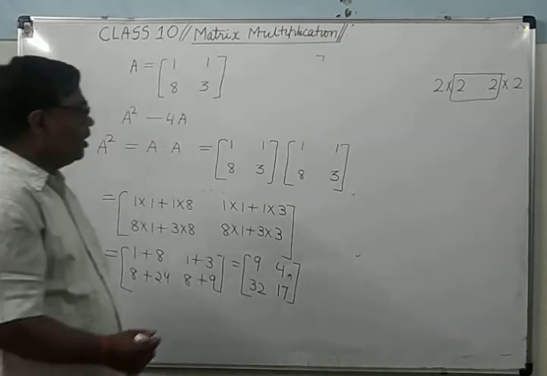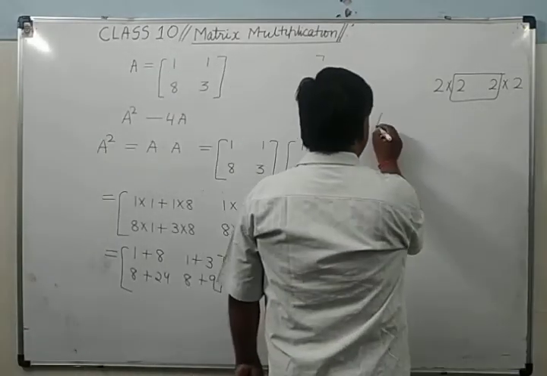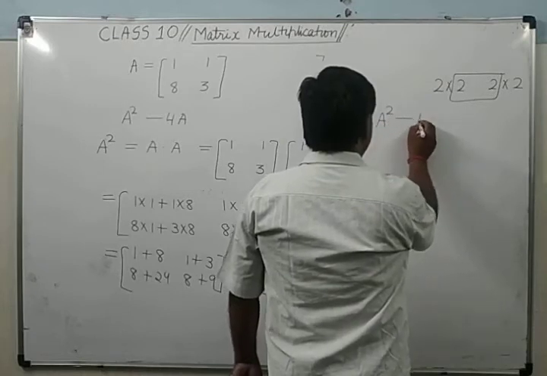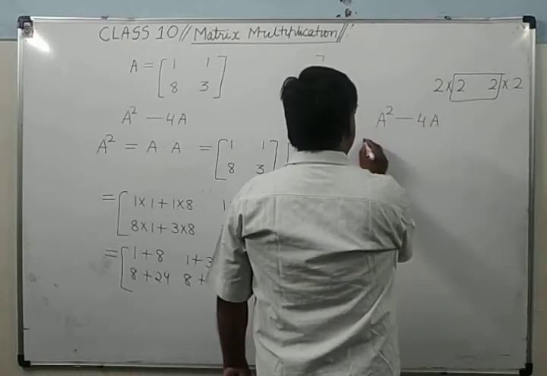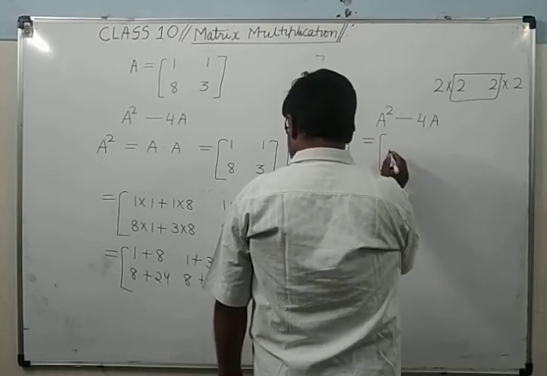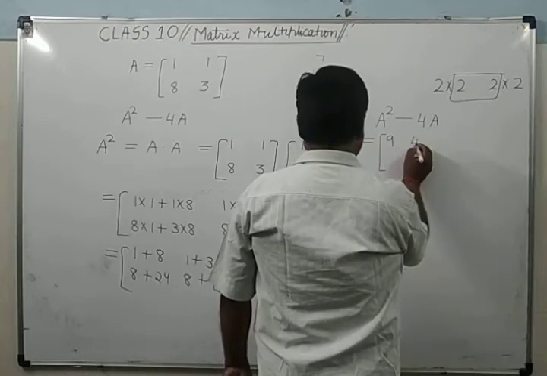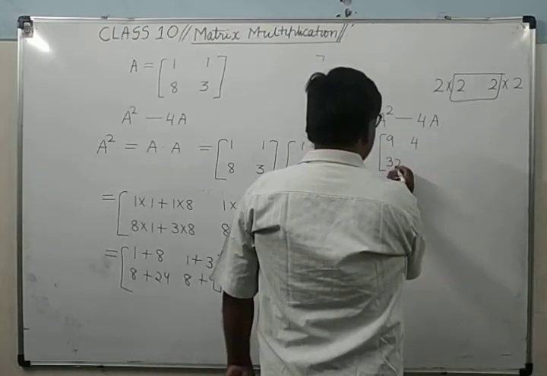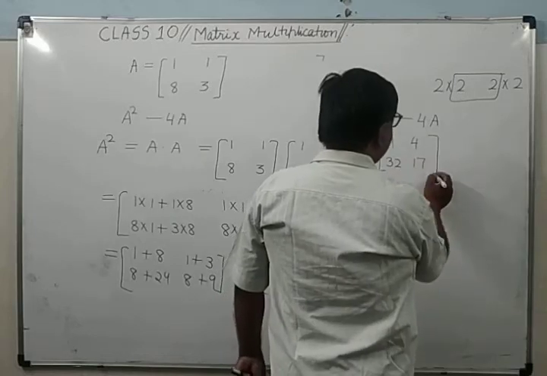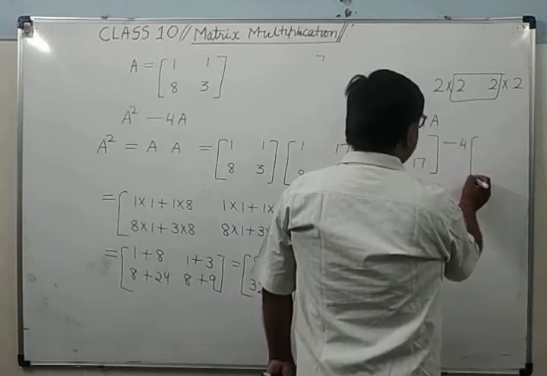Now you have to find A square minus 4A. A square is how much? [9, 4; 32, 17] minus 4.